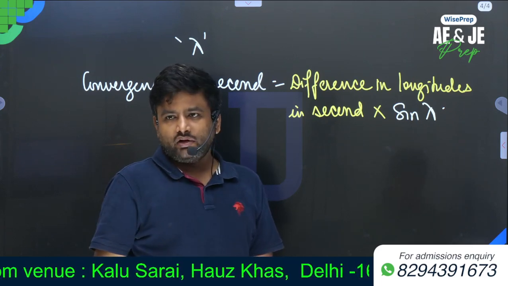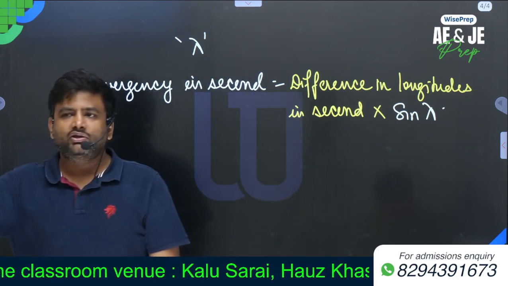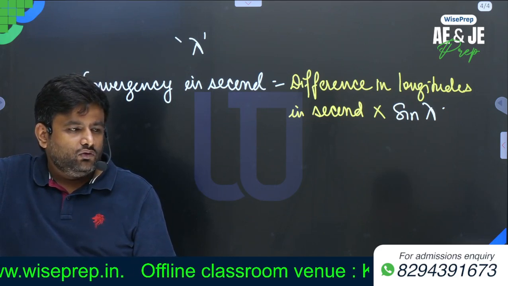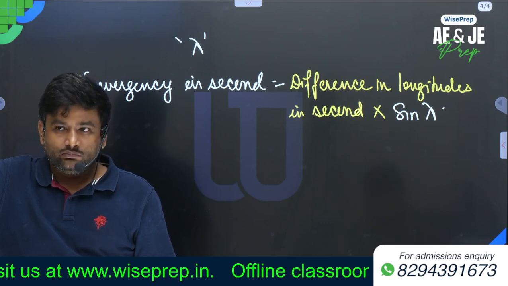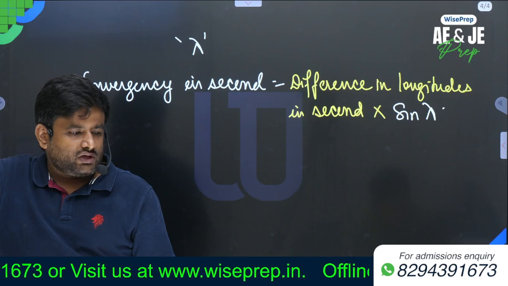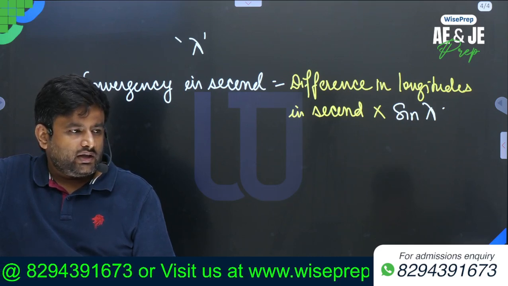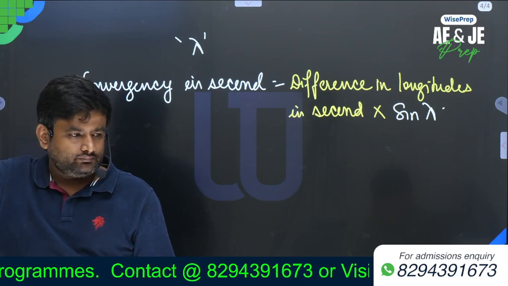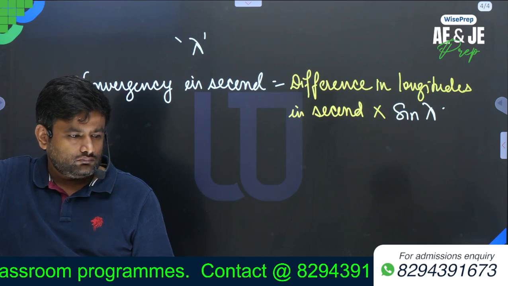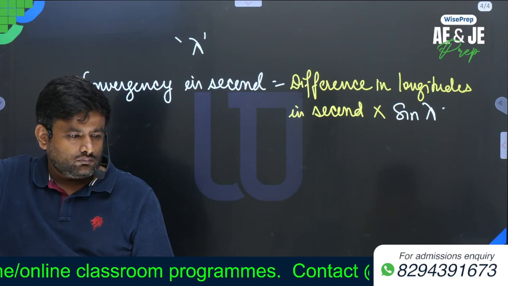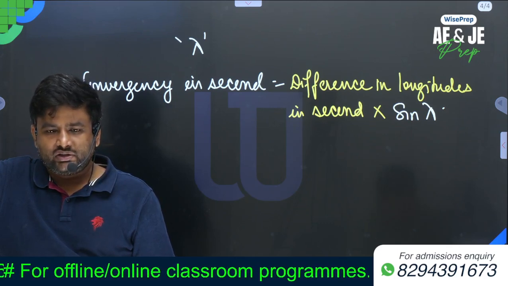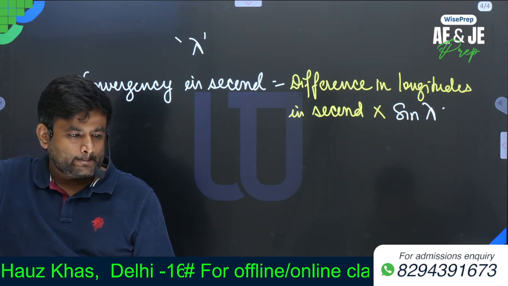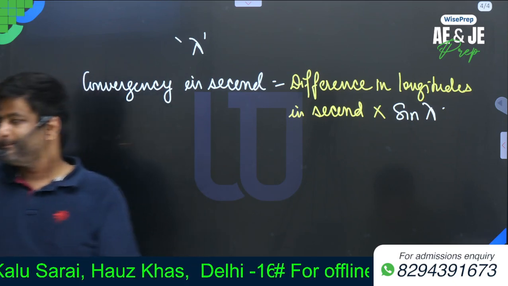So write down the next note: the direction of true meridian is determined with the help of celestial bodies like sun, stars, etc.